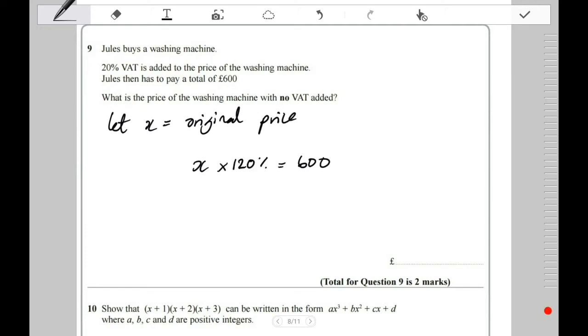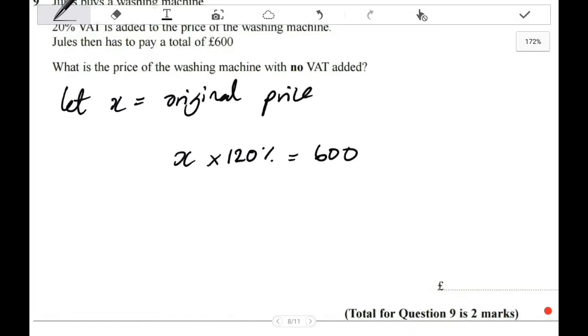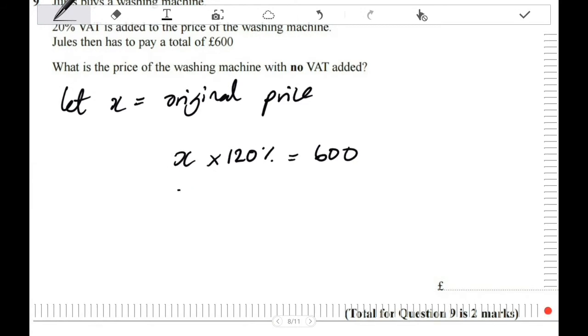So X multiplied by 120%, because it's the 100% being the actual price of that product plus 20% on top, so 120%. Now we can write 120% as a decimal. That'll be X multiplied by 1.2 equals 600. And then X equals 600 divided by 1.2.